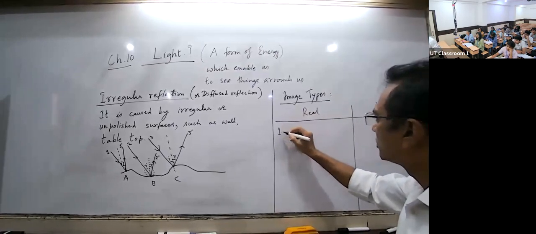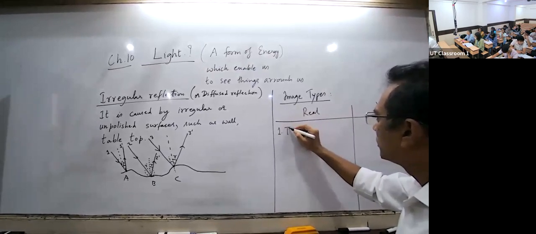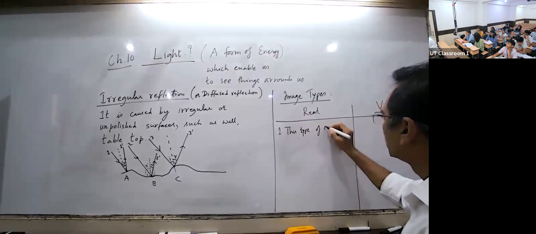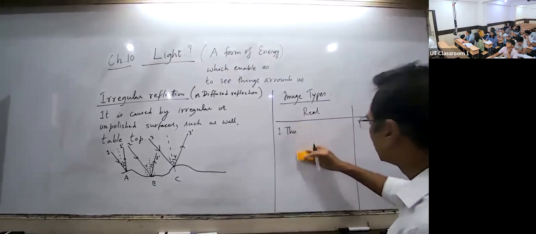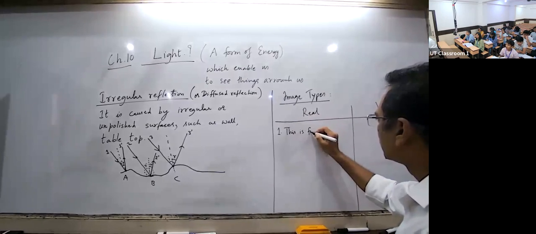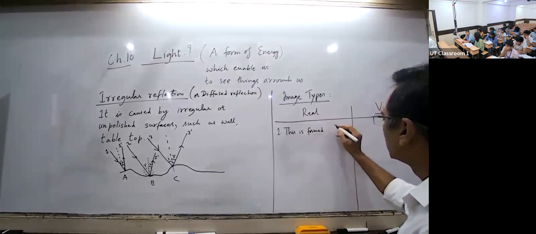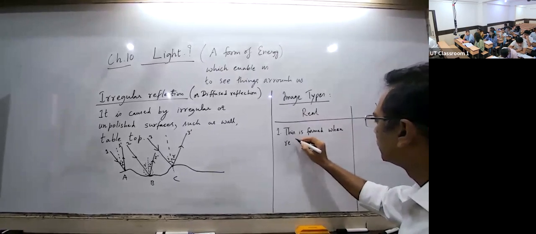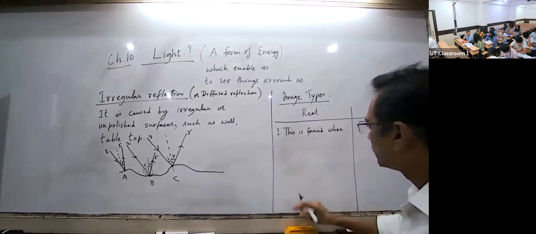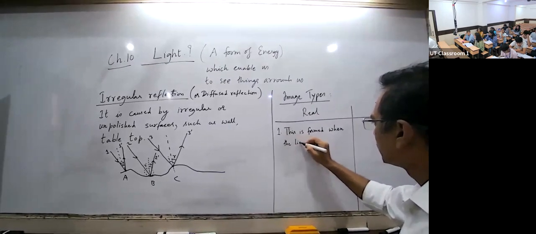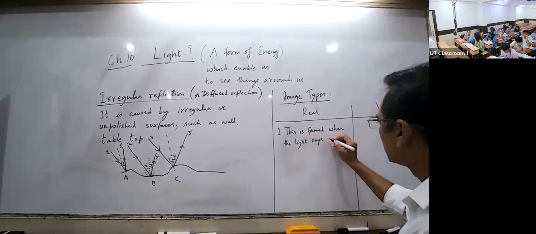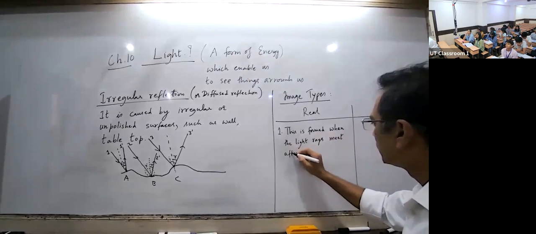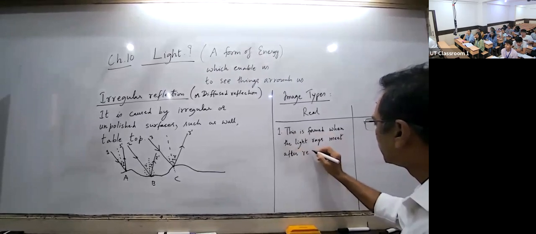This type of image is formed when the light rays meet after reflection.